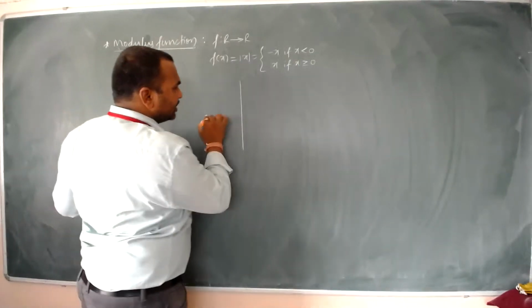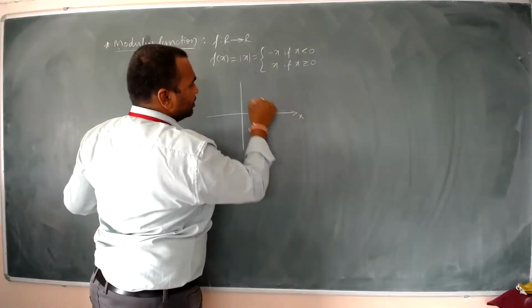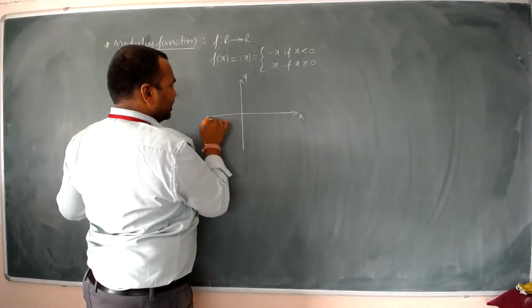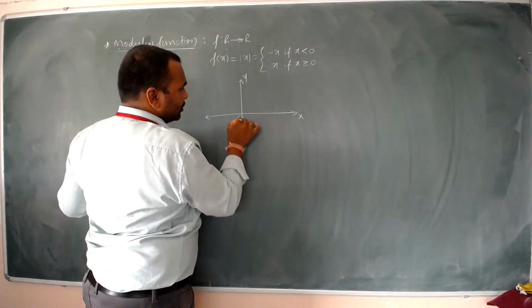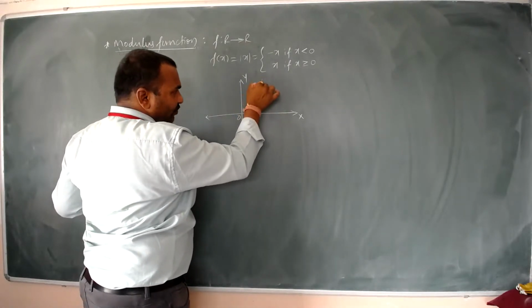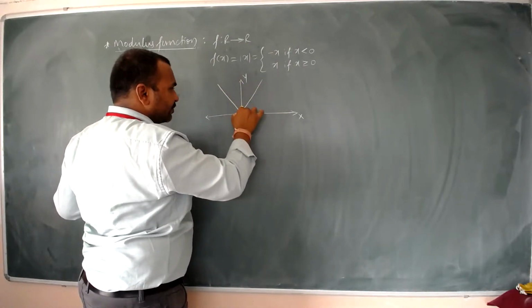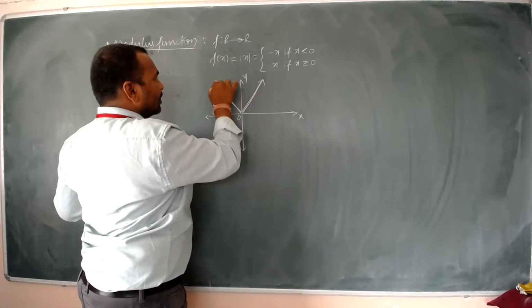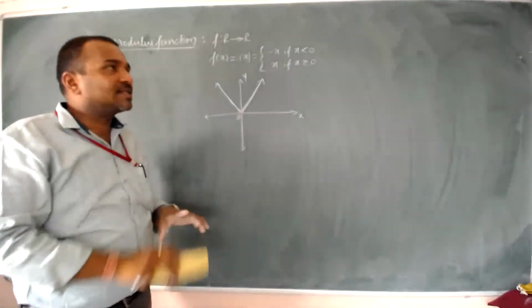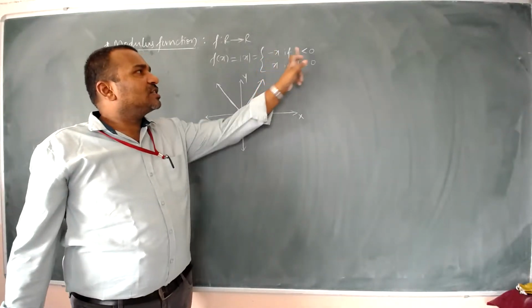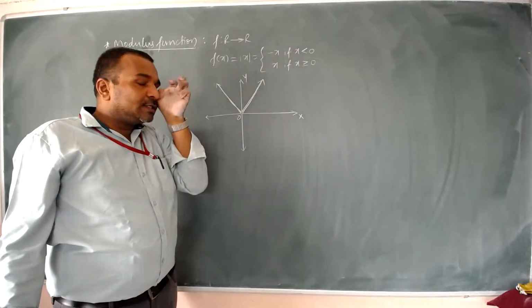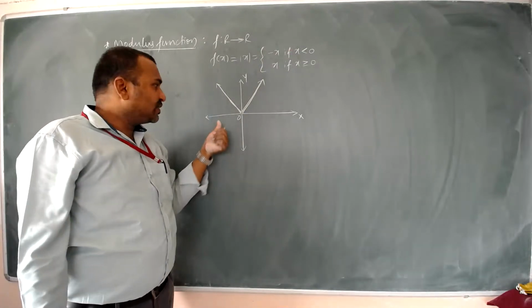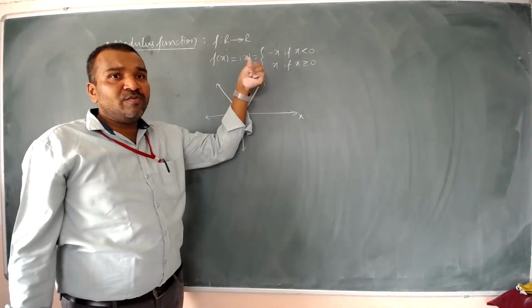So the graph of this function should be like this. X-axis, y-axis, origin. The graph of the modulus function is like this. Mod x is equal to minus x if x is less than 0. Shall I take minus 1? If the x value is minus 1, what is the mod x value?